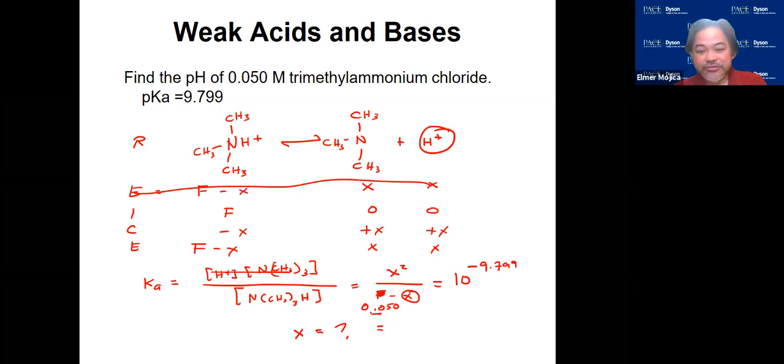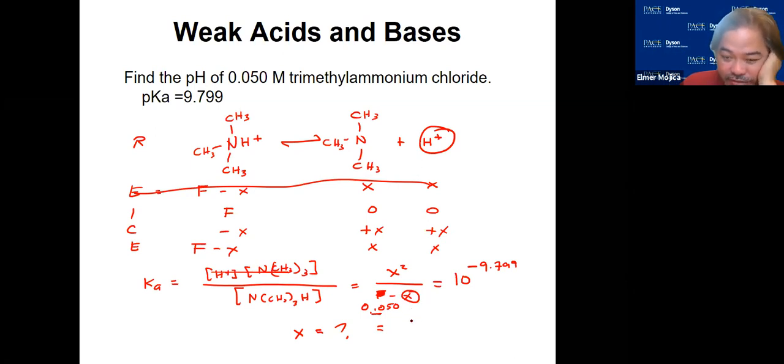So you have to use the quadratic formula in solving for X. Okay? So I leave this up to you how you're going to get the X there using the quadratic formula. But the X value that you will get there would be around 2.8 times 10 to the negative 5.